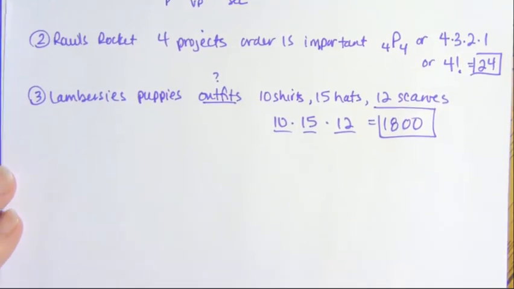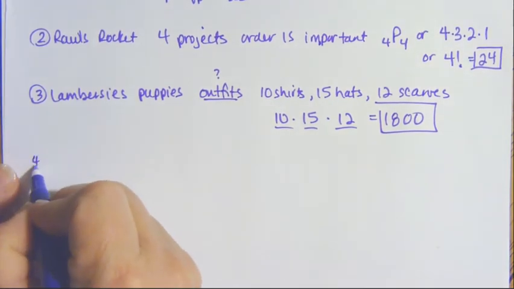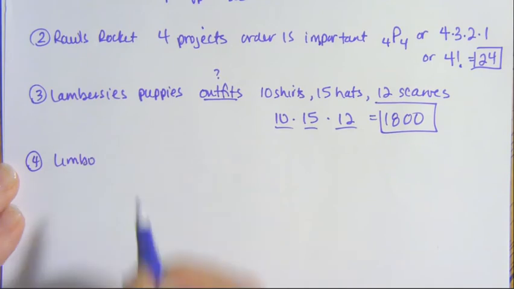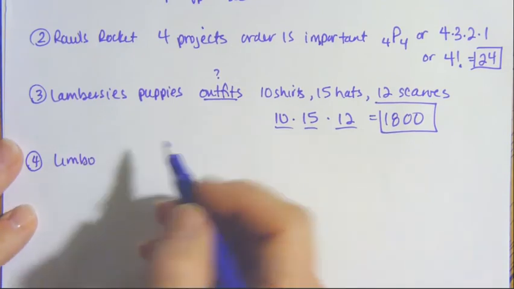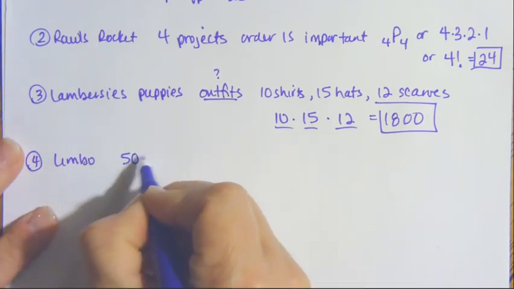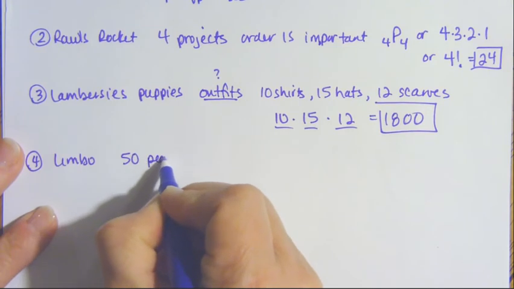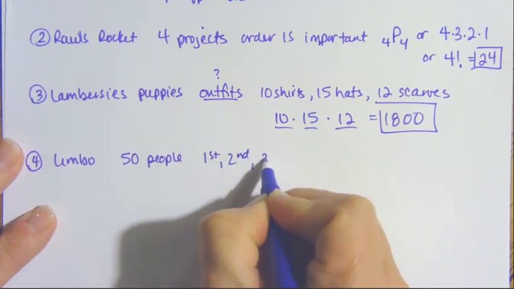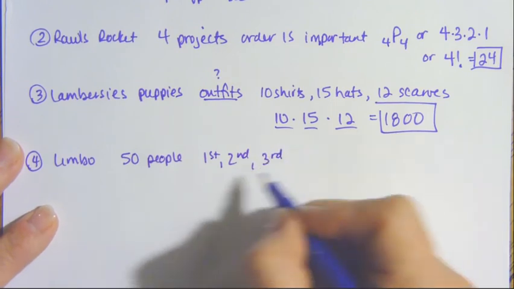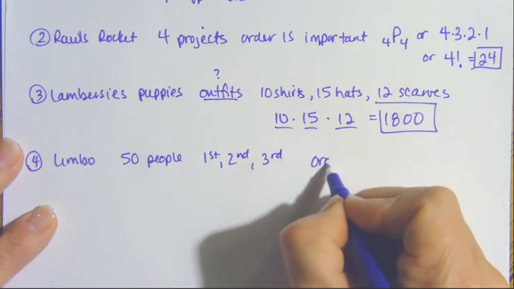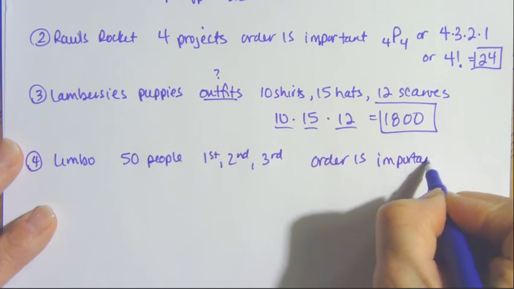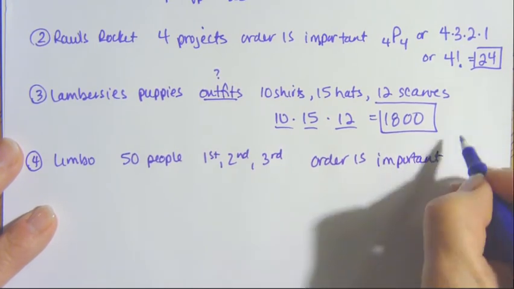Again, you guys have different numbers, but that should give you an idea of how to do that. Another one that you guys have on there is Lindbergh's Limbo, the limbo problem. So this is like a competition. Let's say that we have 50 participants, 50 people, and we're going to get a first, a second, and a third place. Again, first is better than third place, so the order is important. So permutation.